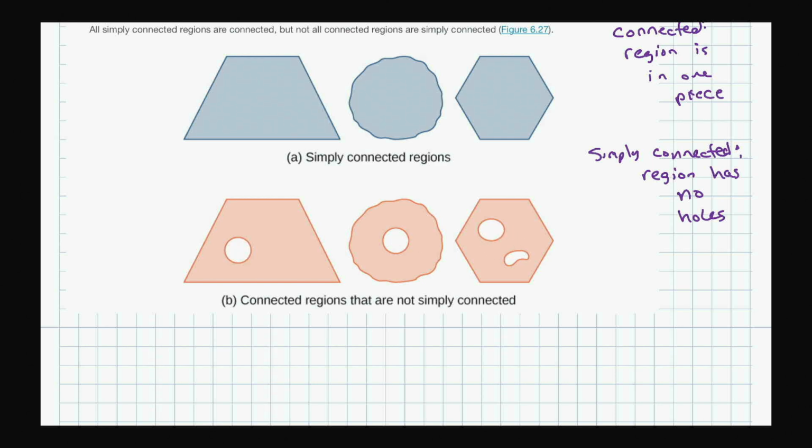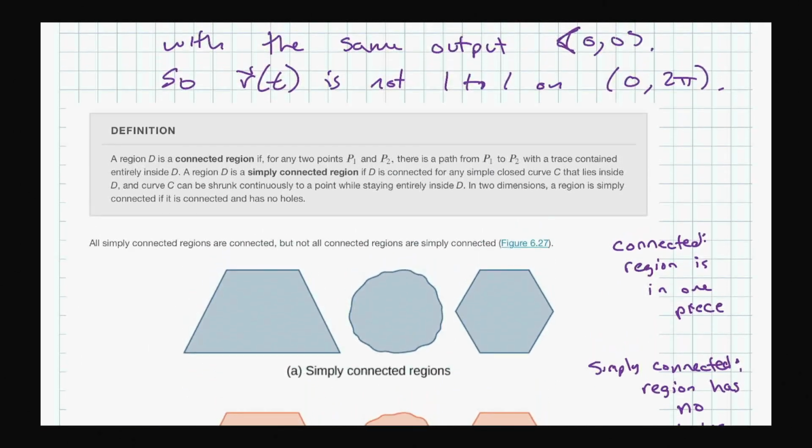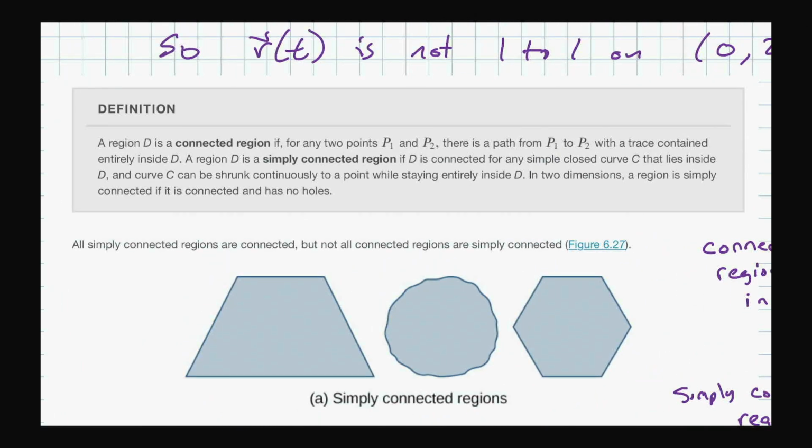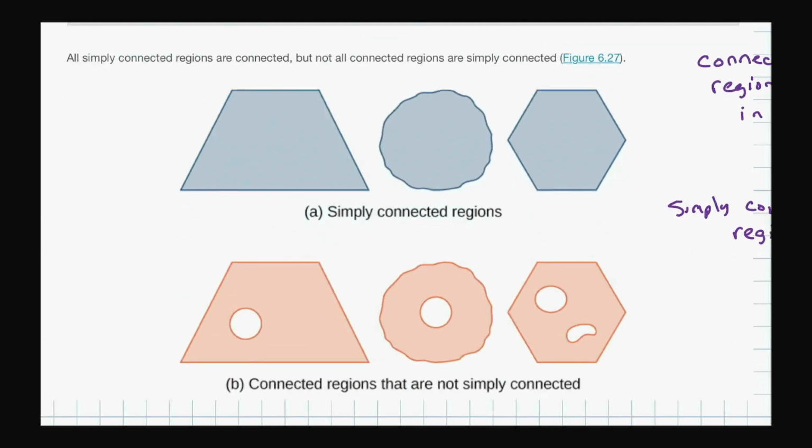Okay, and there's also a definition here. So connected means for any 2 points, there's a path from the points that stays inside the region. So if you have a point anywhere in here and you have another point anywhere in here, you can connect them without leaving the region. Right?